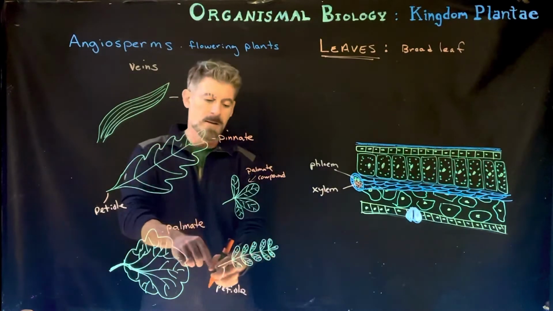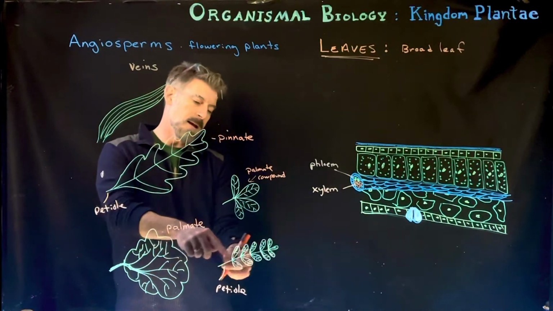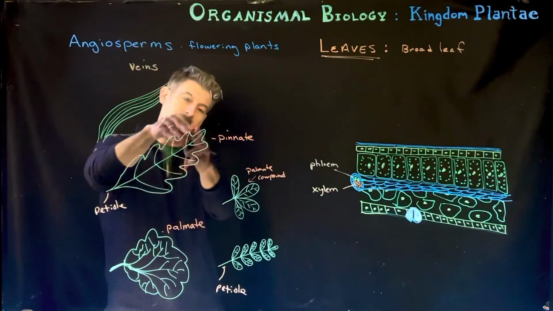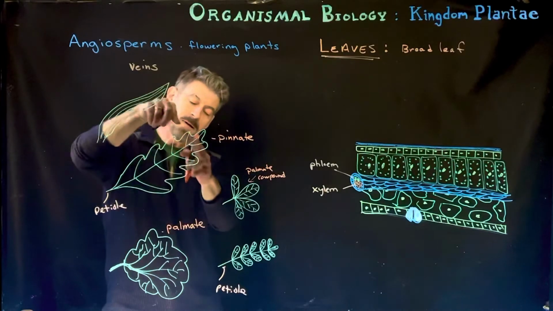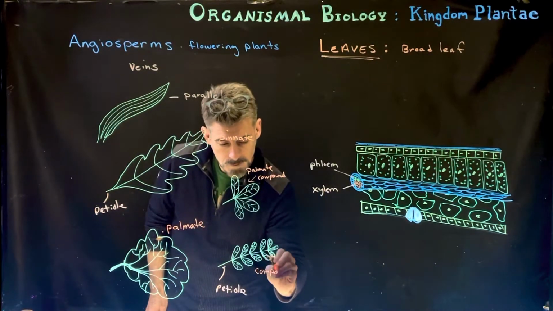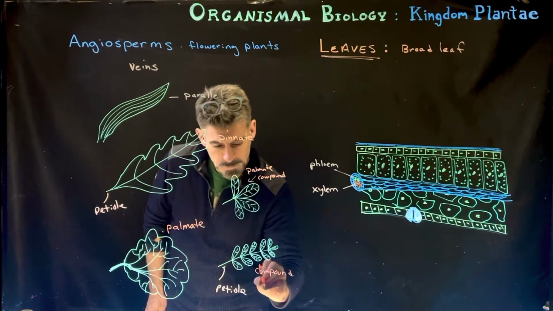Whereas this one has one central axis and then the leaflets branch off it like this, one central axis and then the veins branching off it like that. So this is a compound pinnate.